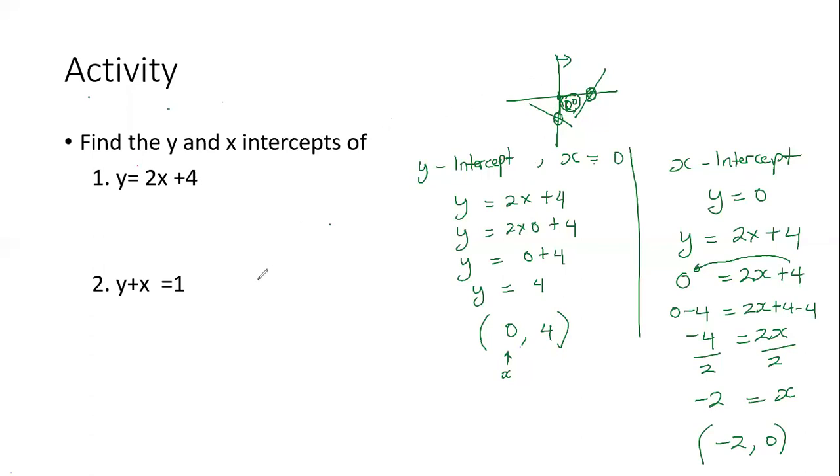In simple terms, the y-axis is the line x equals 0, and the x-axis is the line y equals 0. So anything that cuts the x-axis will have y equal to 0, and anything that cuts the y-axis will have x equal to 0.